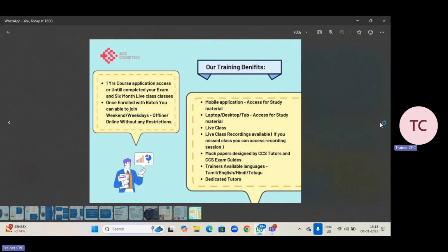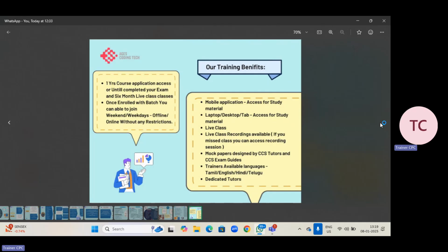And the next thing is trainers will be available in Tamil, English, Hindi, as well as Telugu. And this mobile application and laptop material you are using, here you are getting a recorded session also. If you take other institutes, you will not be able to get recorded session.